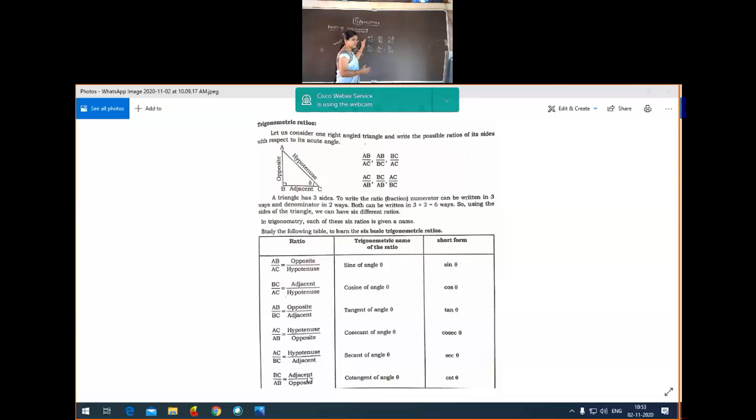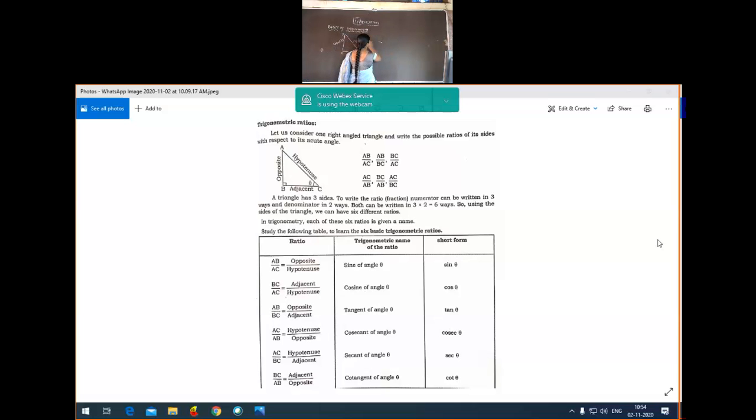AB by AC. Now this is according to the naming of the ABC triangle. Now we'll write the ratios in the form of these sides, that is opposite, adjacent and hypotenuse. We'll list out the 6 ratios in the form of sides. So now can I write these 6 ratios?